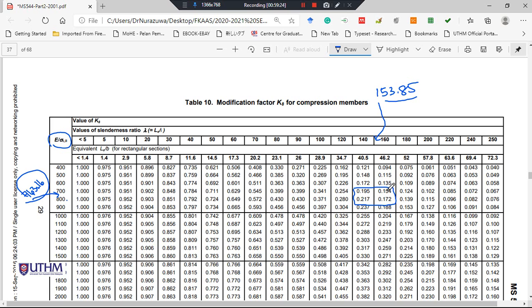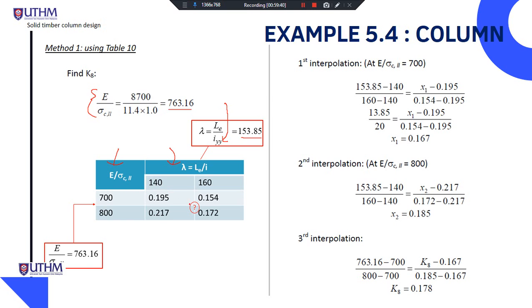Thus the value of K8 is somewhere around here, so you need to do the interpolation. So we extract this value. This is the extracted table.